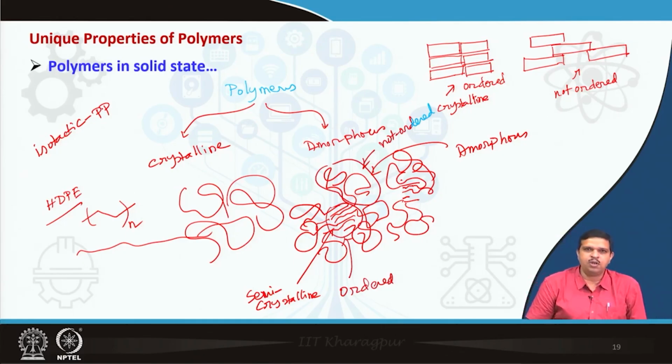Why am I discussing this? Because if I need to induce more mechanical strength in the polymer, I will try to induce crystallinity, and that is the way I will design my polymer, and that is the way I will select my polymerization protocol, and consequently I will select the catalyst or the initiator.